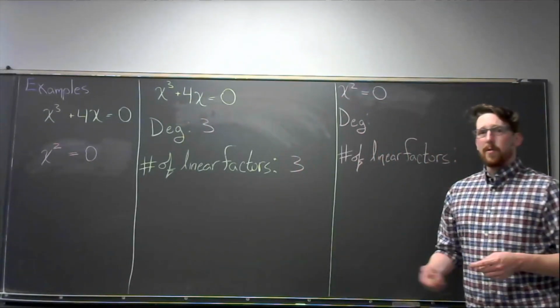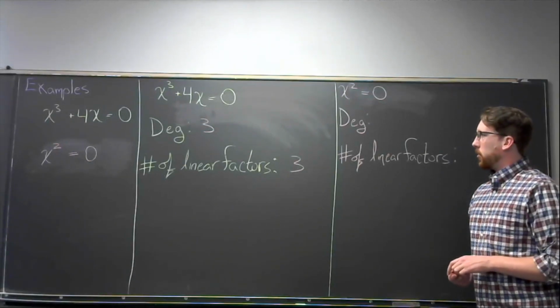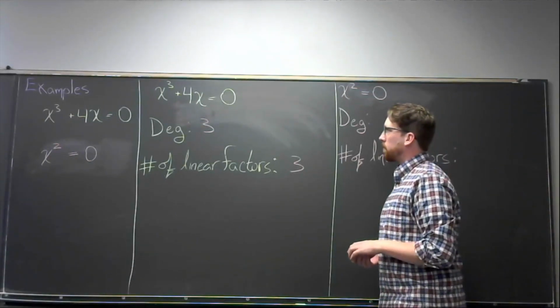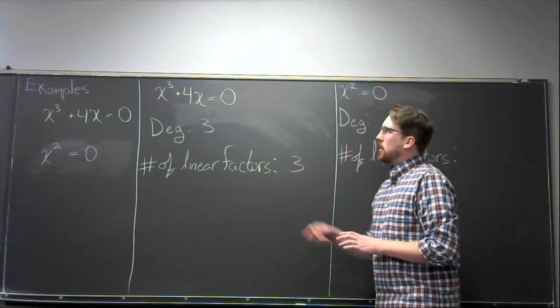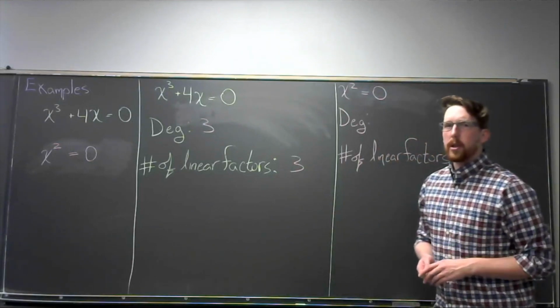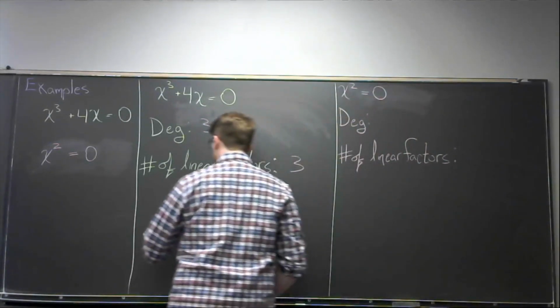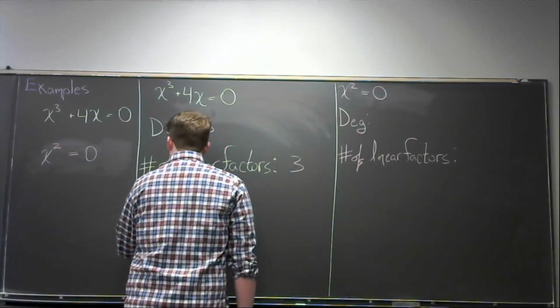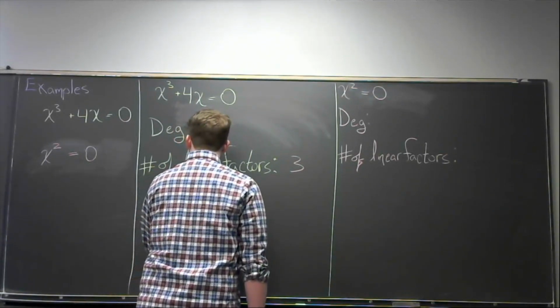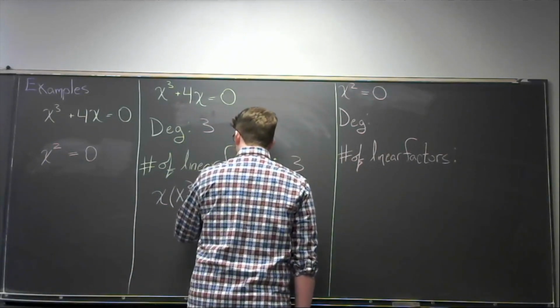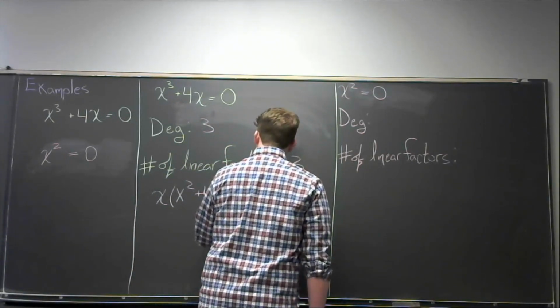So how are we going to solve this? That's the next part of the question. Well, the first thing we might do is pull out an x. Let me factor out that x. When we do that, we're going to have x times (x squared plus 4), this whole thing equal to 0.